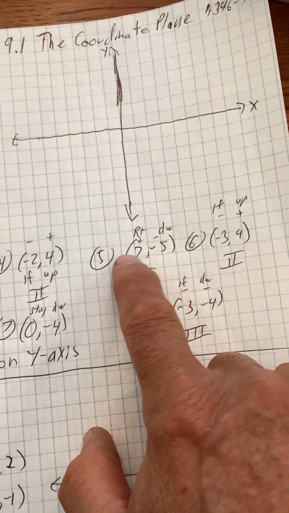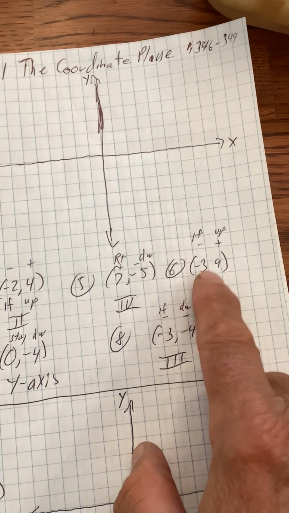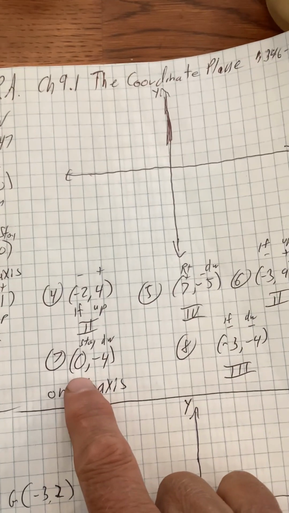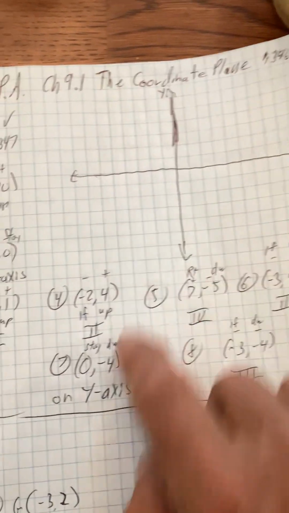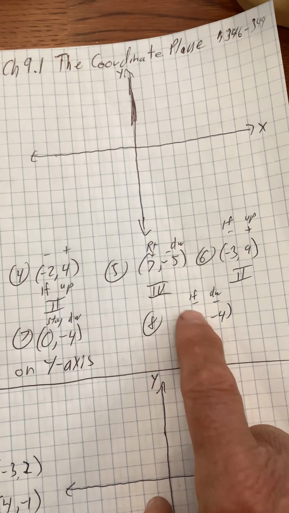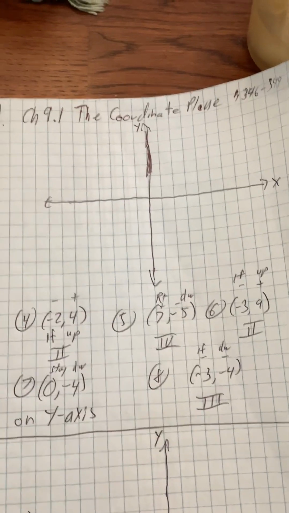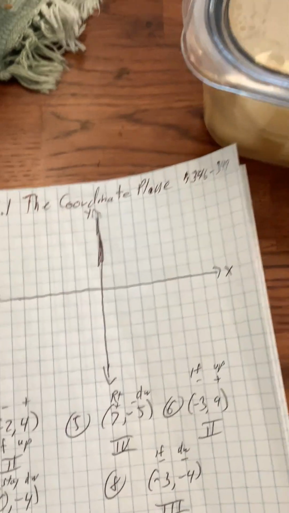Number 5 is right and down, so that's the fourth quadrant. Number 6 is negative, positive, that's left and up, that's the second quadrant. Number 7 is stay and down, so that means I'm on the y-axis. And then negative, negative, that means left and down, that's the third quadrant, all right? So there's that. Just really be intentional, take your time, write the signs, write the little abbreviations of the words, and just get them right every time, right?